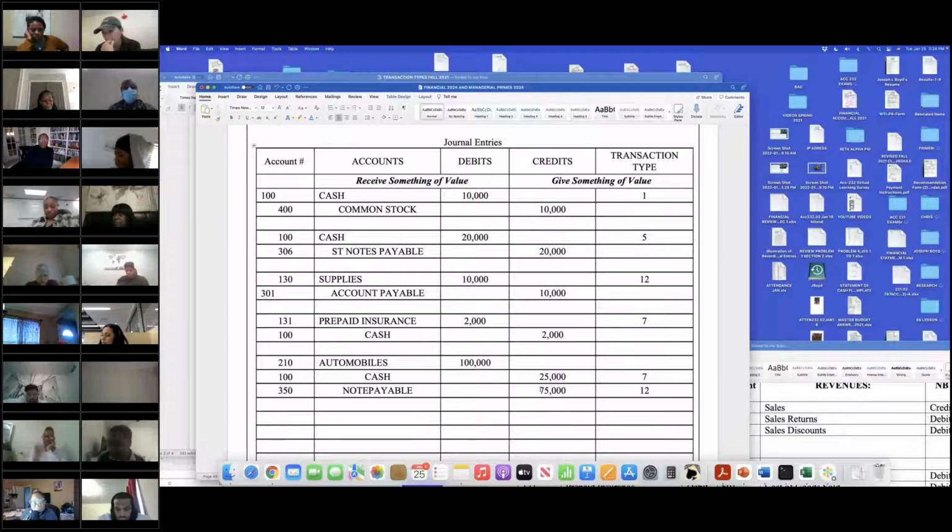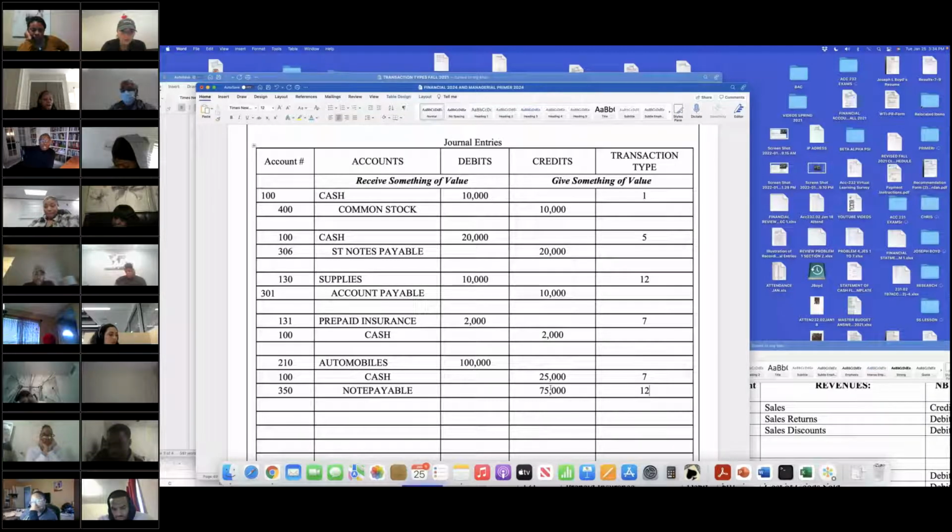So they have stronger evidence to collect on it. And if on a car you don't pay and you signed a note, they're going to come back and take the car. That's in the fine print: if you don't pay, they're going to come take it.